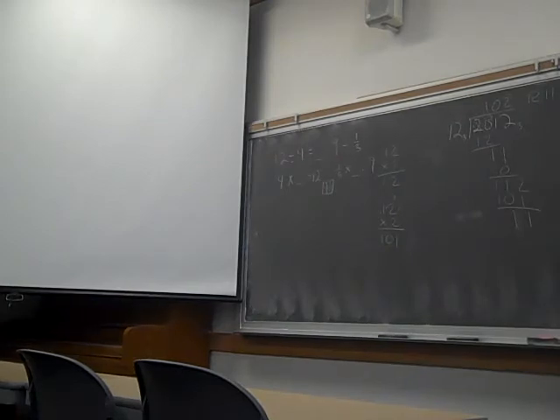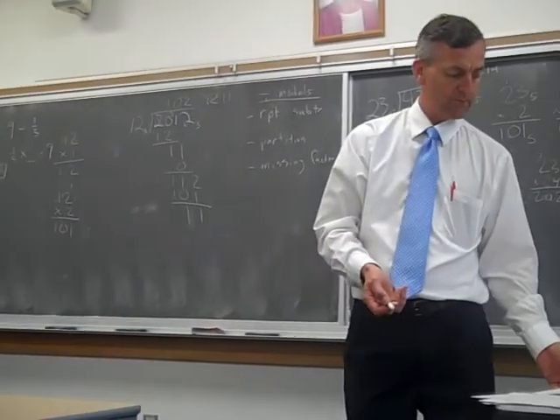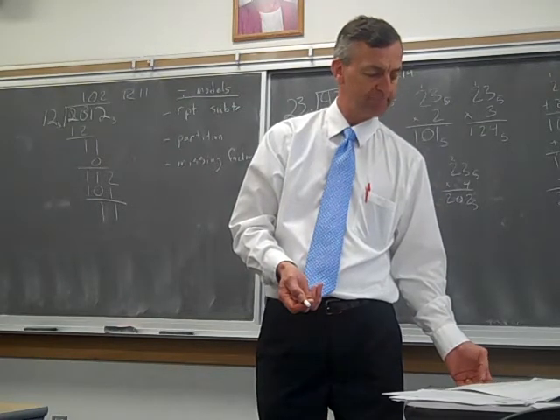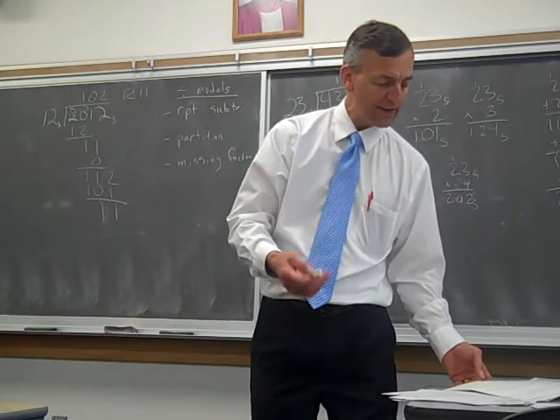So I'm curious what some of you did for 7.3. What did you write for your general procedure? What general procedure would make sense? And where did you get it from?